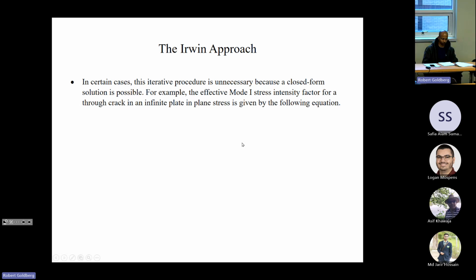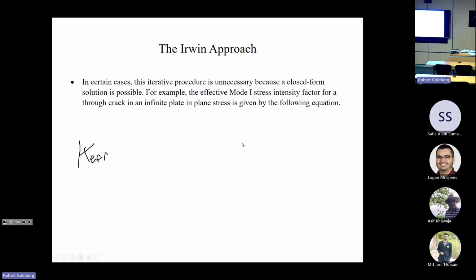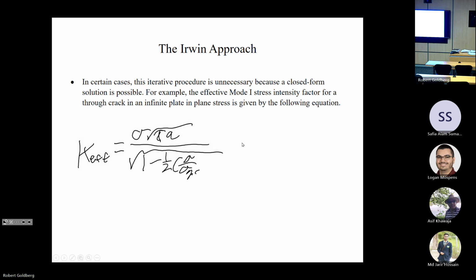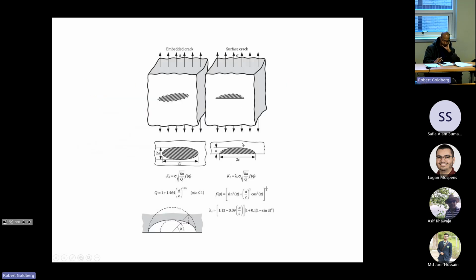So, for example, for our old friend, the through crack in an infinite plate, we can say that the effective stress intensity factor is equal to the stress times the square root of pi a, over the square root of 1 minus 1/2 the stress over the yield stress, squared. This is for our most simplified case.